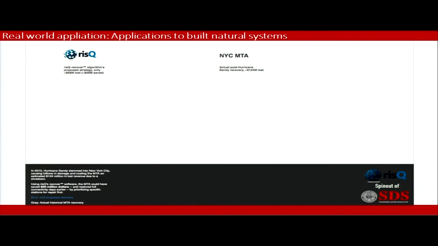For example, this is an example of the New York MTA, where the system was down after flooding because of Hurricane Sandy, which resulted in complete deadlock in the city because trains were not moving and people were stranded. We modeled the New York MTA's recovery, how they recovered in real time after that flooding event, and what our proposed algorithm is suggesting.